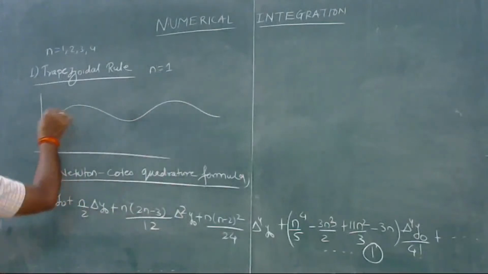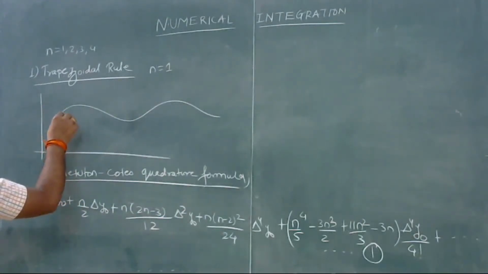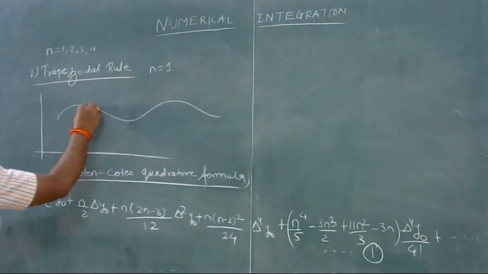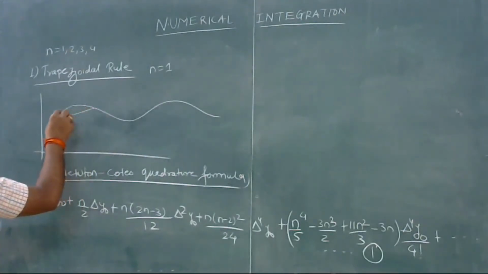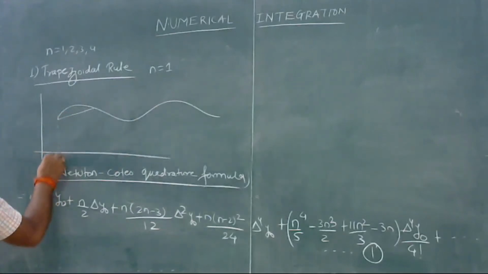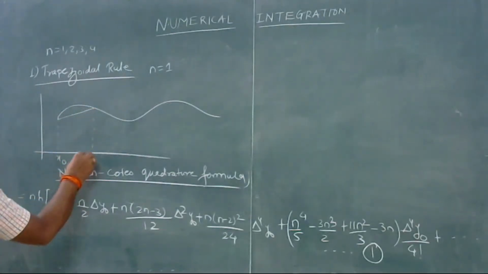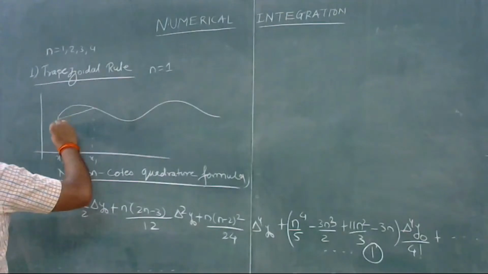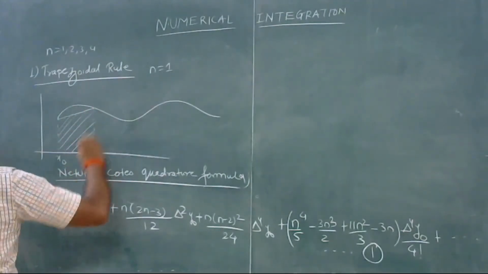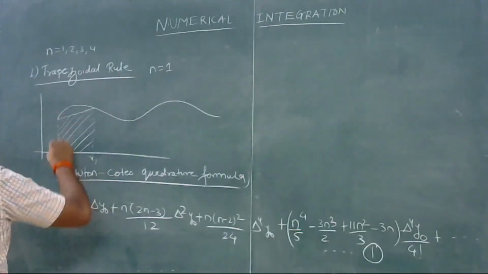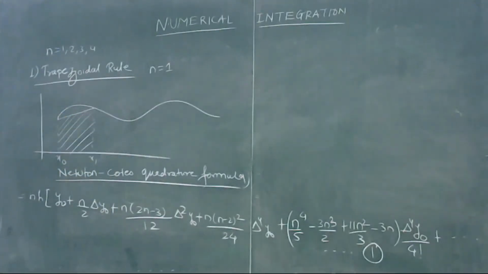There are 2 points, this is y0 and this is y1, since we are taking n is equal to 1. This is x0 and this is x1. So the area of this will become a trapezoid. This is known as the trapezoidal rule.